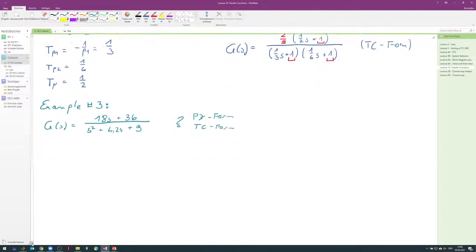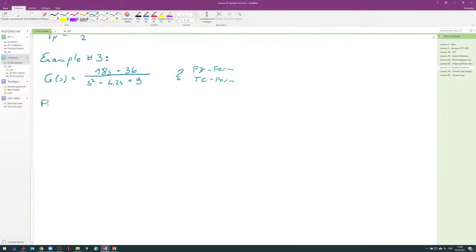Okay, so let's compute the poles first. Again, you know how to do it by now. You need to solve the midnight formula. P1, P2 are minus 4.2 plus minus square root of 4.2 squared minus 4 times 9, it must be 36, not plus but minus, over 2.